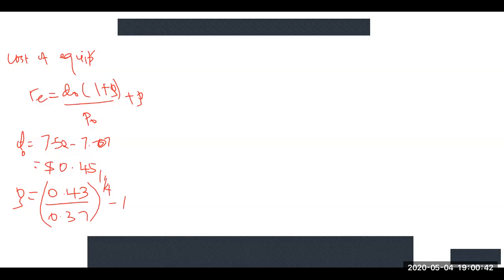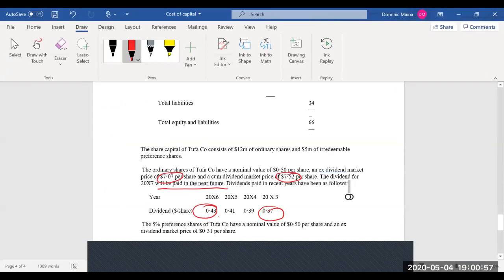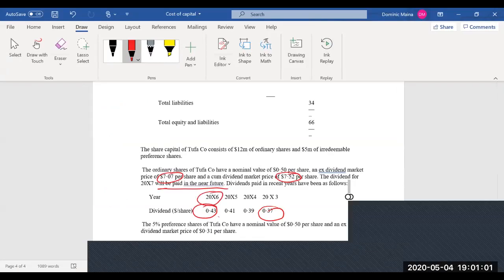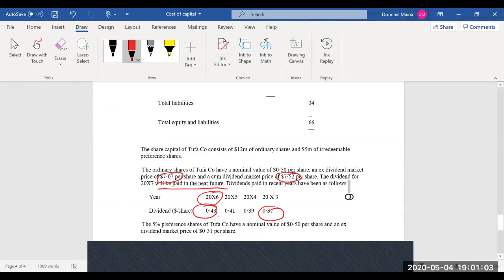Okay, just a question before. Don't forget, if we use 0.43, that is the dividend for 2016, isn't it? However, we have the 2017 dividend, the one that Asma has just given us, the 0.45.